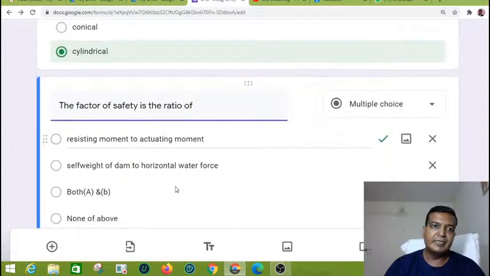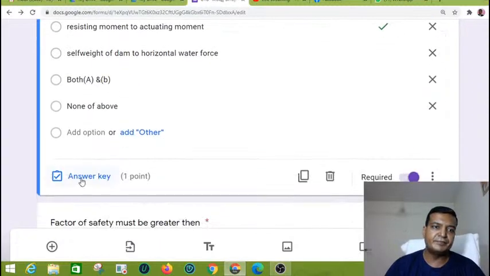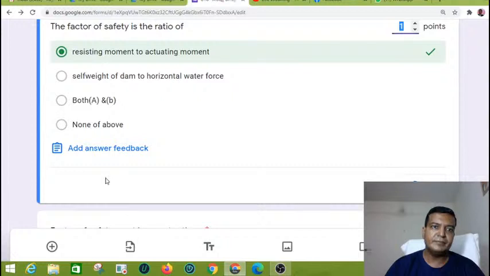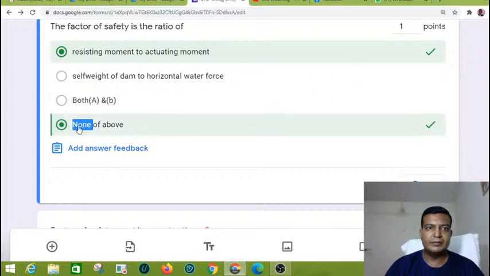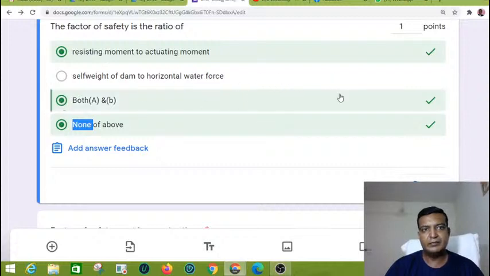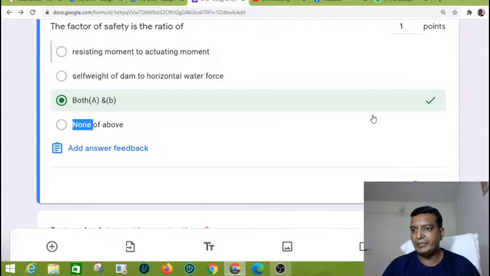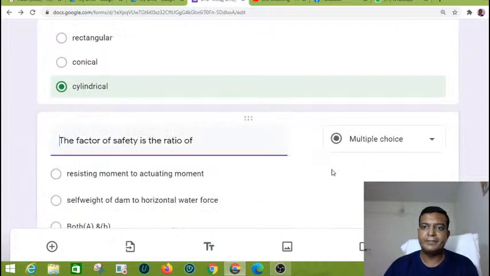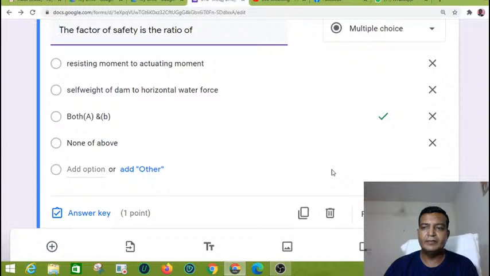Yes, the answer is both A and B. Here the answer is C. The answer is C, both of the above.